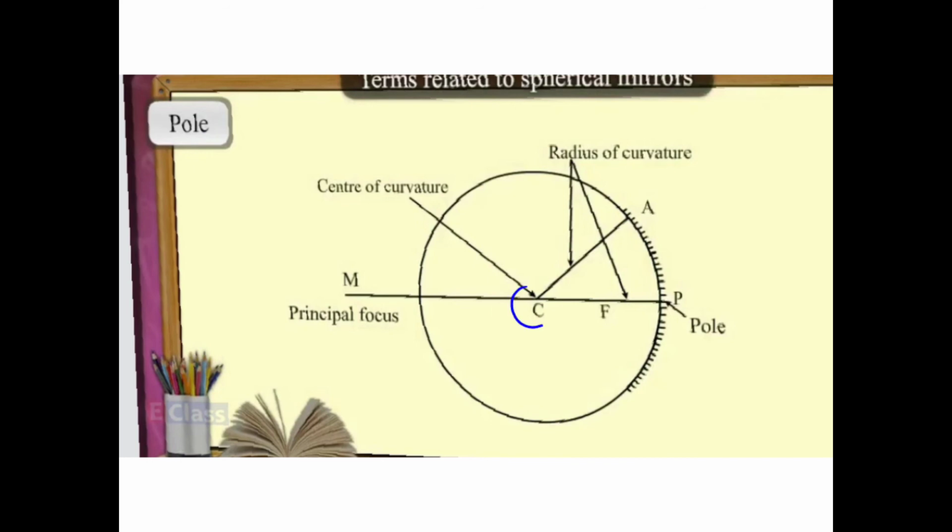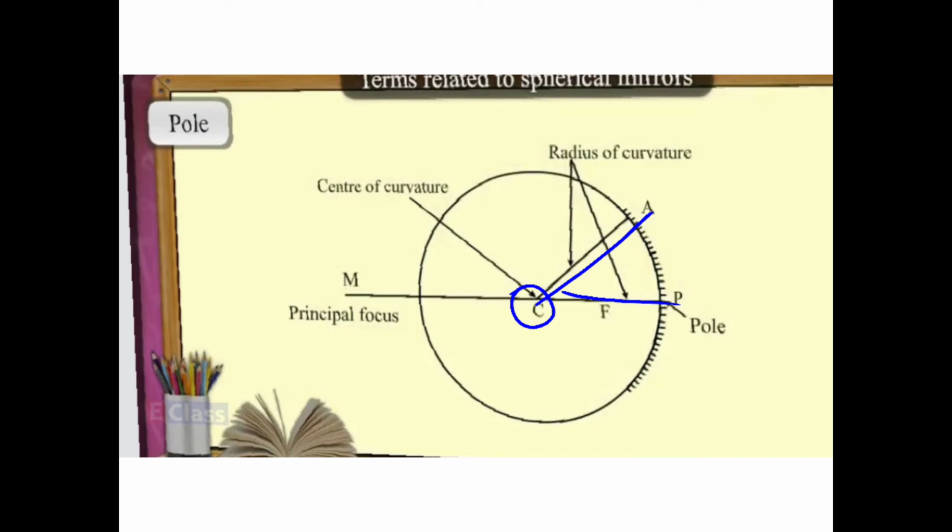So this is the center of curvature, and these are the radii of curvature. Very easy na, center ko center aur radius ko radius. Only you are going to use the word curvature.